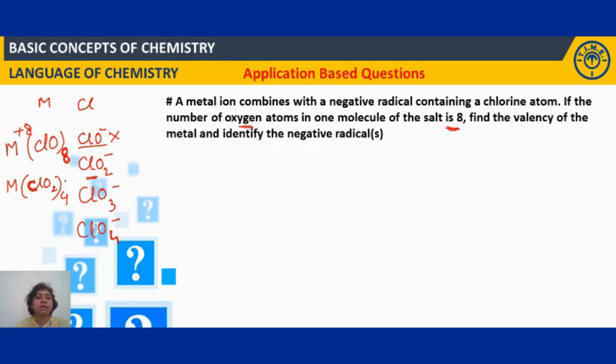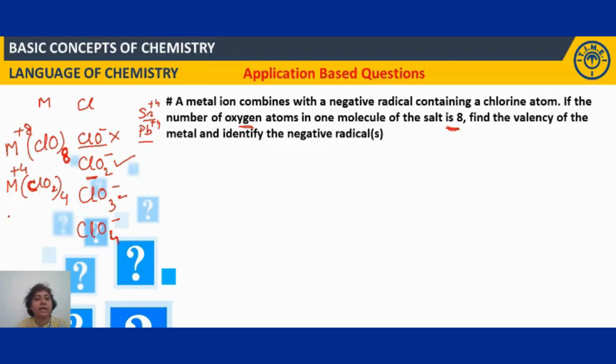That means the valency of metal here is +4. +4 is possible: Sn +4 is stannic and Pb +4 is plumbic. So it is possible that the metal can have +4 valency. So this could be one of the possibilities.